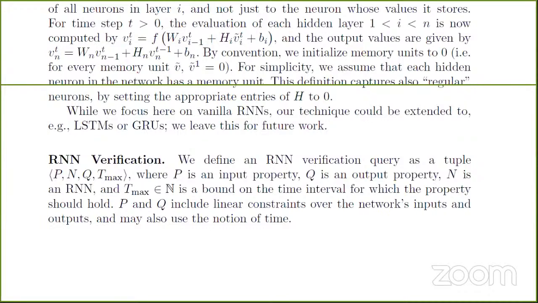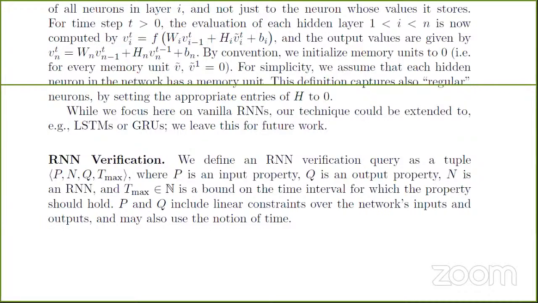In RNN, there is a fourth component, which is the time component. Okay. So there is this component Tmax. So Tmax is a number which is a bound on the time interval for which the property should hold. Okay. So your properties are such that they hold for some time, and we will look at a concrete example immediately. Okay.